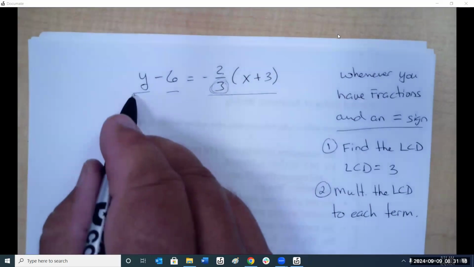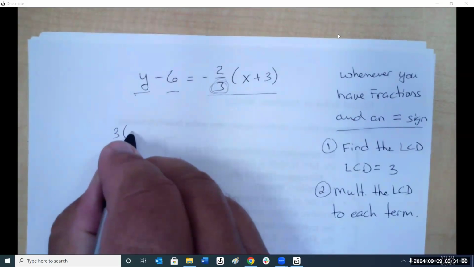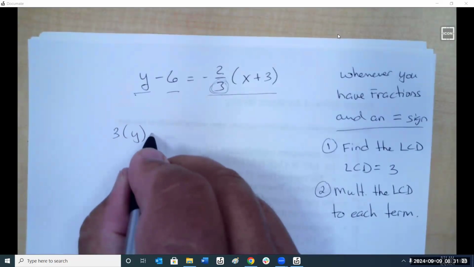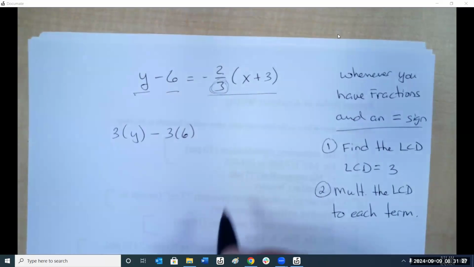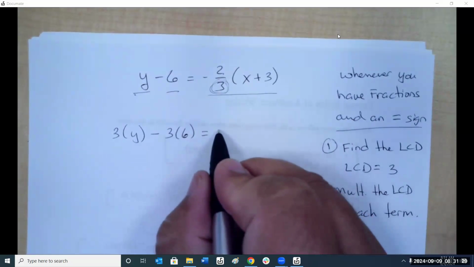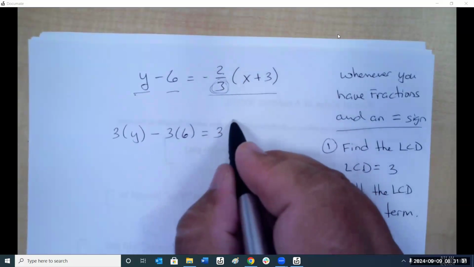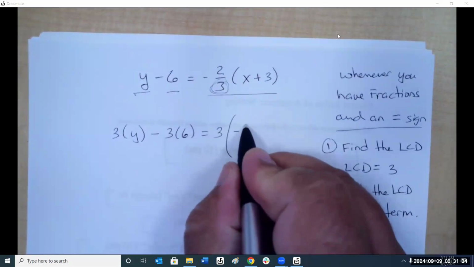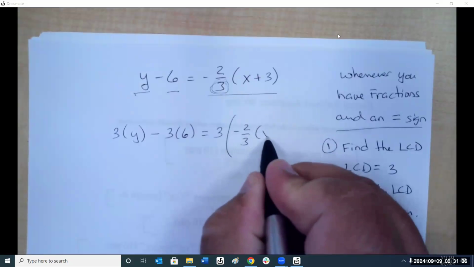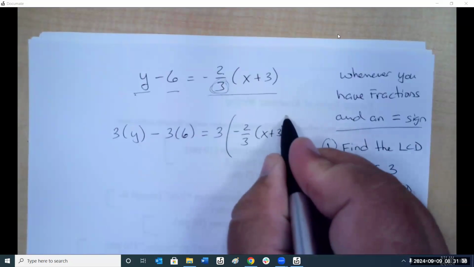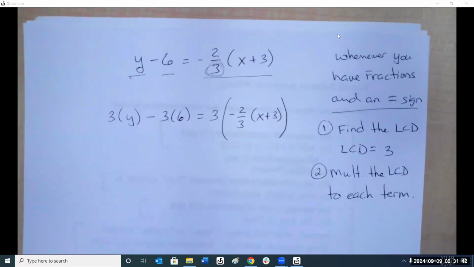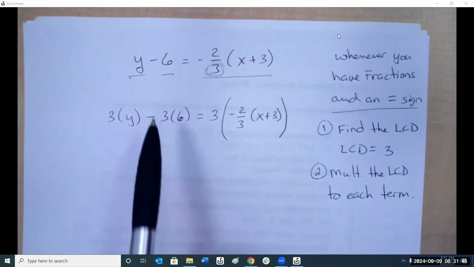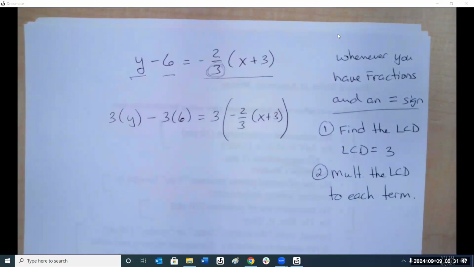So in other words, in this first one, multiply 3 times y. This is another term, 3 times 6, equals 3 times this whole thing here, -2/3 x plus 3. So in other words, once you know how many terms you have, just put parentheses around them and put the LCD in front of it.